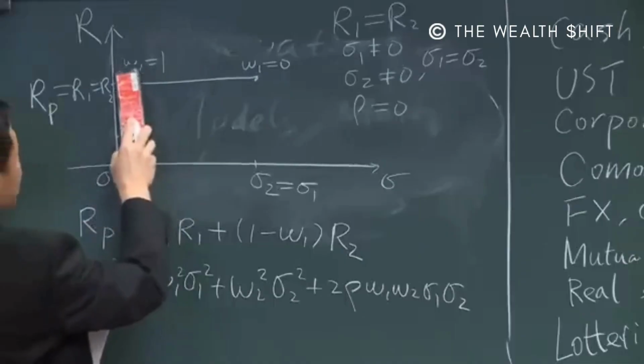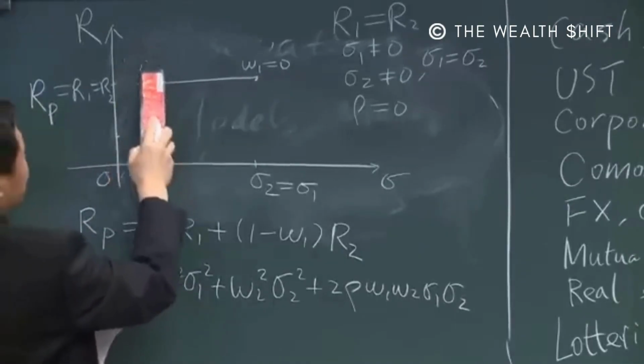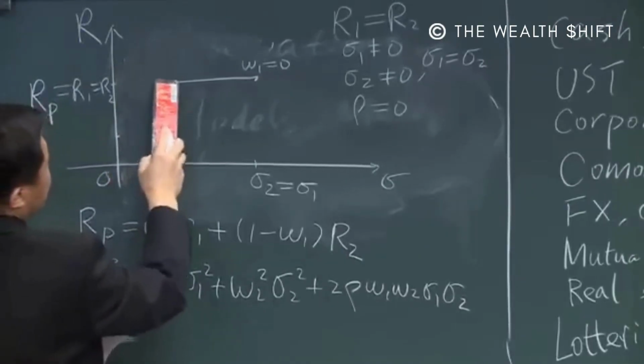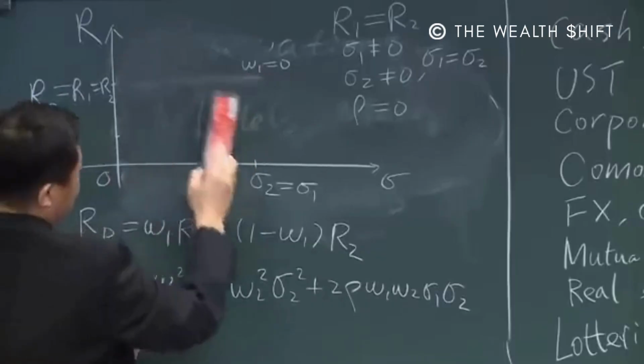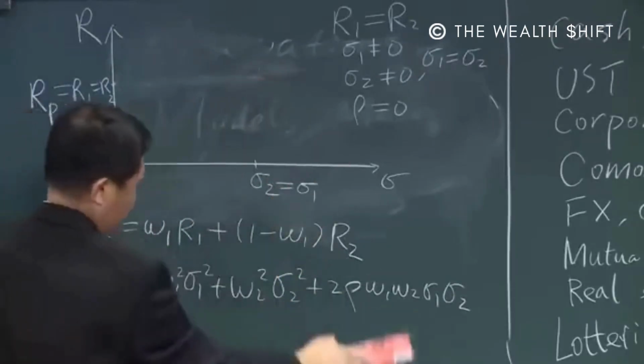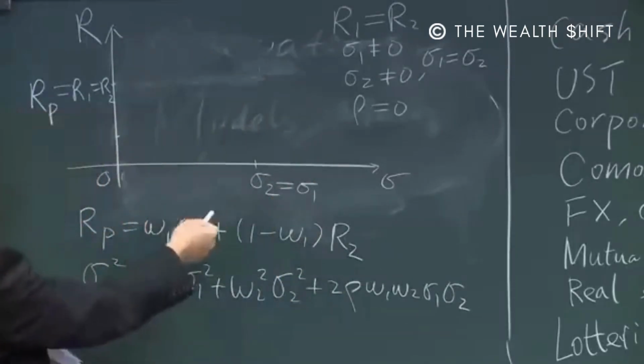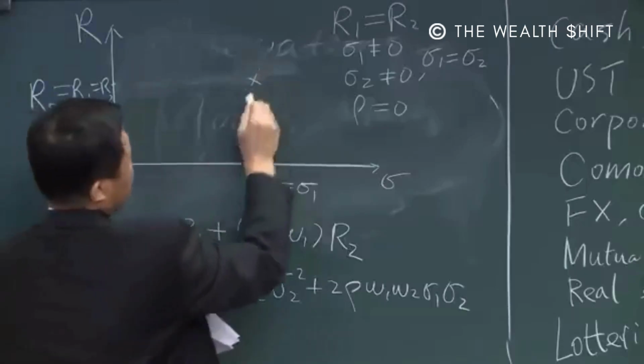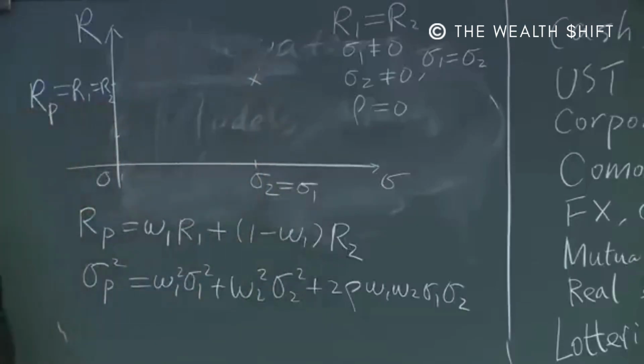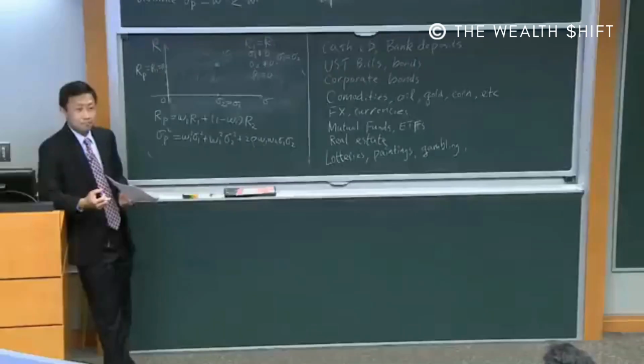What does this line look like? So volatility is the same. Return is also the same for each of the asset classes. You have two strategies or two instruments. They are zero correlated. How would you combine them?